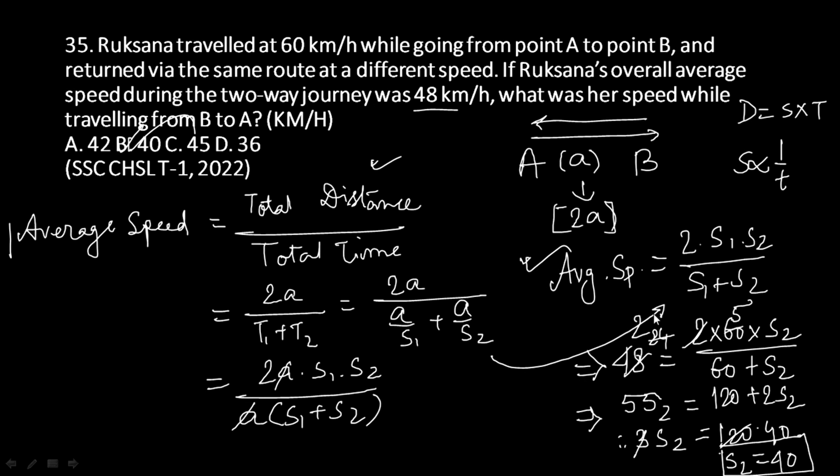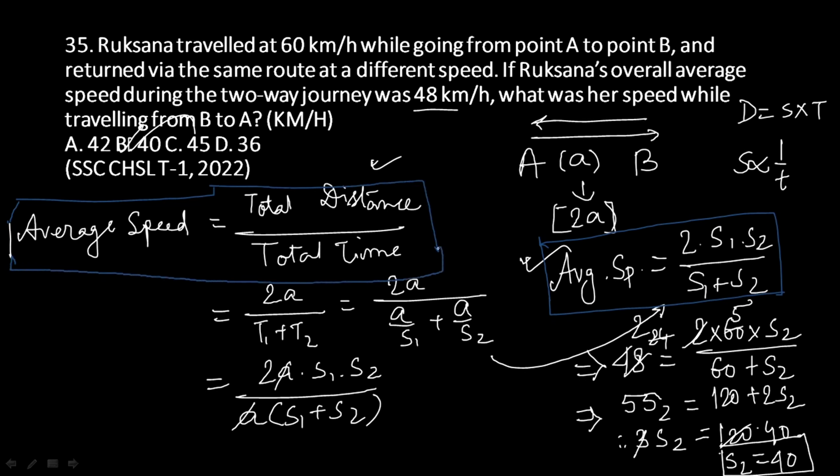We have to keep in mind that average speed is equal to 2 s1 s2 divided by s1 plus s2 when distance is not changing. Otherwise, when distance is different and total distance can be got, then average speed is equal to total distance upon total time. I hope it is clear to you.